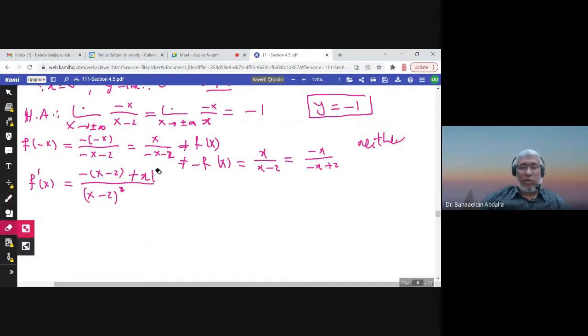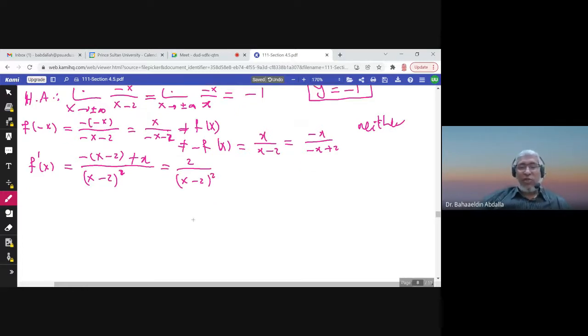So just 1. No need to write it. So negative x plus x, this will be cancelled. And negative times negative, it would be 2 over x minus 2 to the power 2. This is f prime.